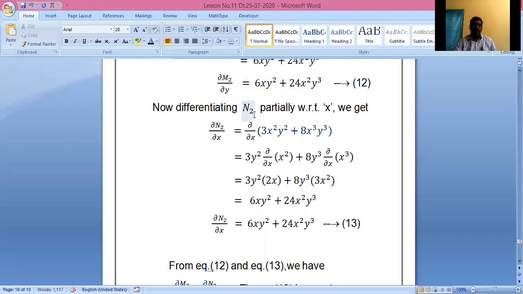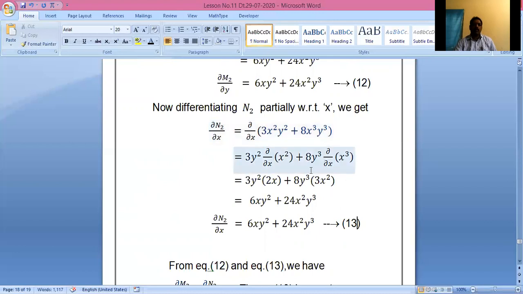Now differentiating N2 partially with respect to x, we get dou N2 by dou x is equal to dou by dou x of 3x square y square plus 8x cube y cube. Here differentiating partially with respect to x, 3y square is constant in the first term. Therefore, 3y square into dou by dou x of x square. Plus in the second term, 8y cube is constant.